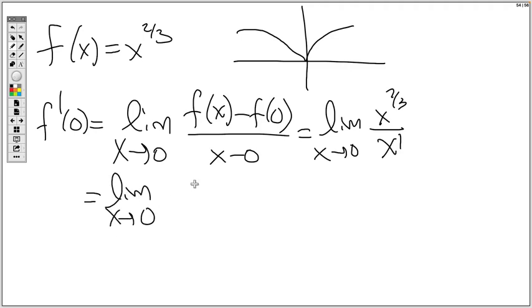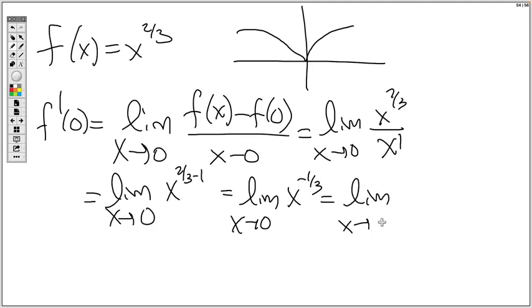Subtract them. So we get x to the 2/3 minus 1, which is x to the minus 1/3. And if you have x with a negative exponent, that really means that the x belongs where? In the denominator. Okay? Now let's remember that x to the 1/3 power is really the what root of x?